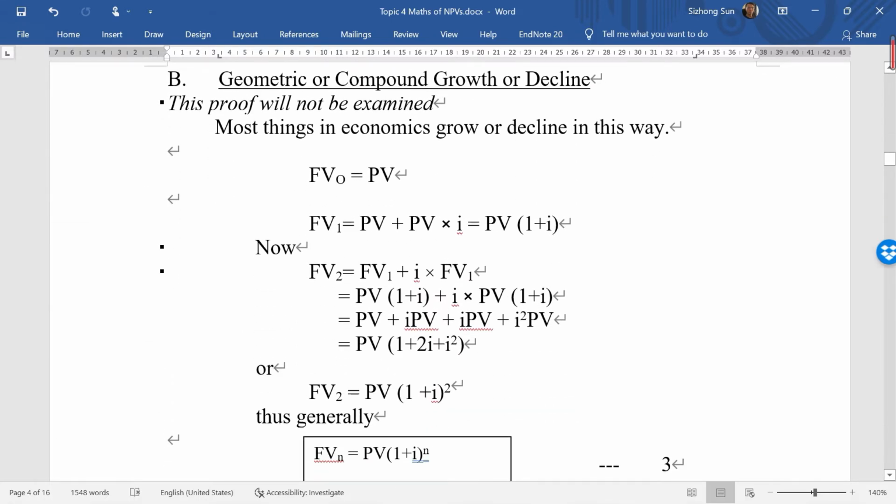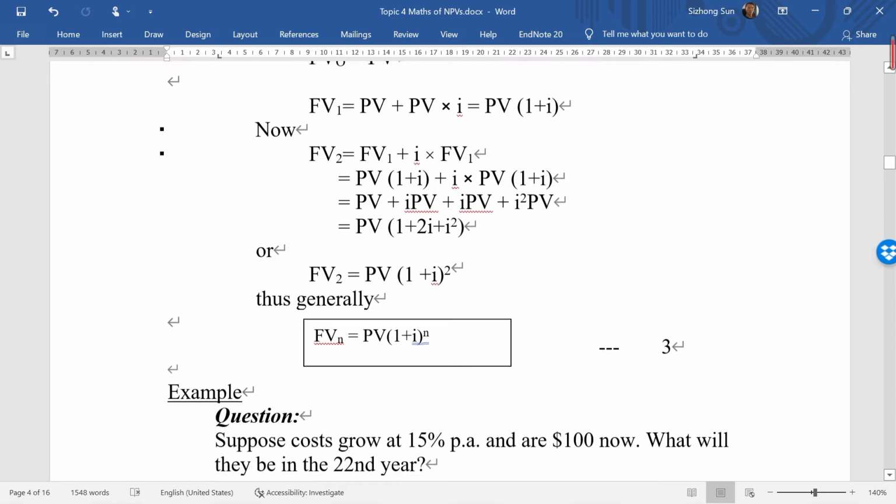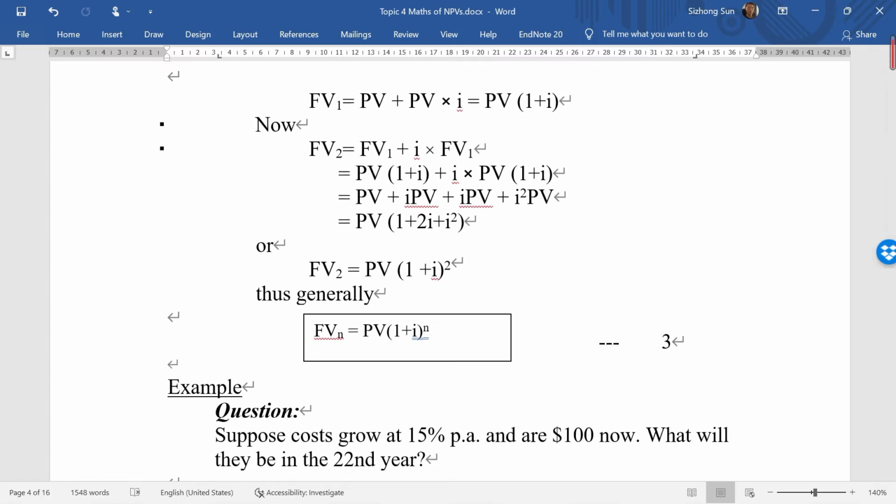In contrast, the geometric growth or compounding, as I showed in previous slides. That's the formula: future value in year n is present value times (1 plus i) raised to the power n. To understand this formula, we can think in terms of an investor putting PV dollars into the bank.